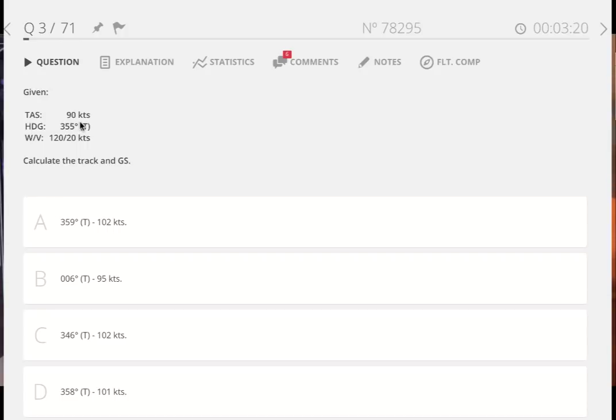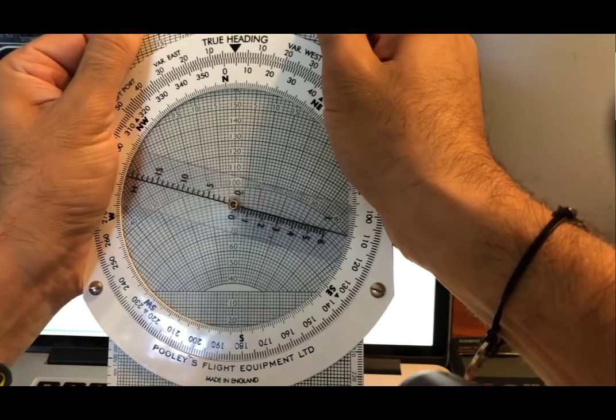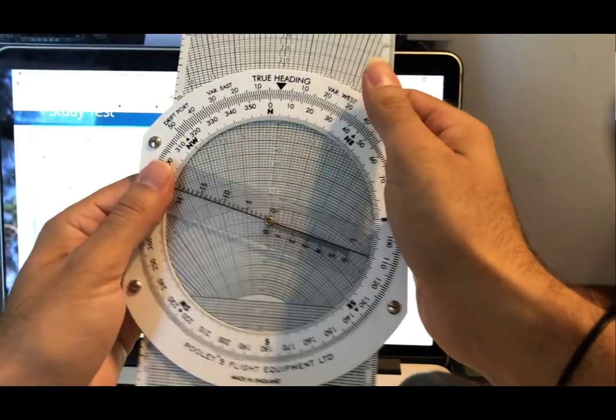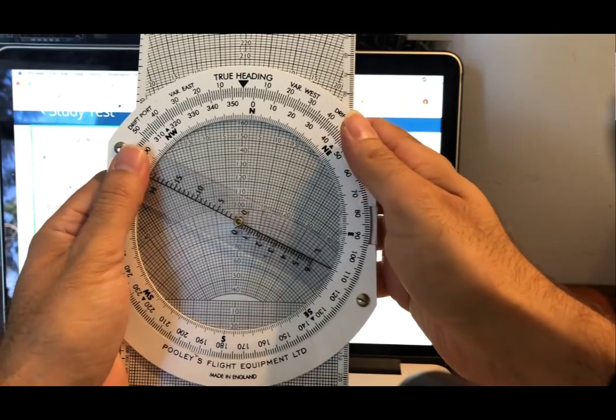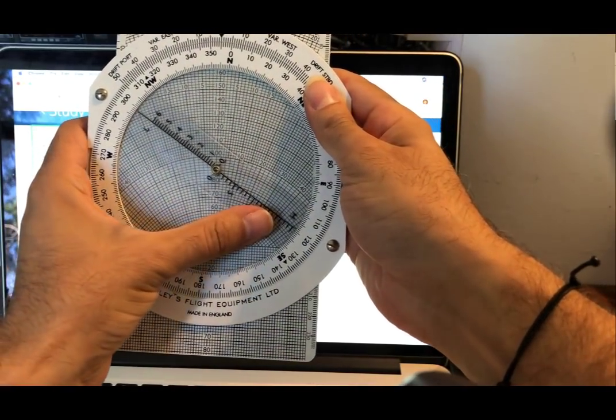And here's one more, TAS 90, so we're low speed side, flip that over, put it on 90, heading of 355, wind vector is 120, so we happen to be there, we know we're using the low speed side, so I have to flip it over.